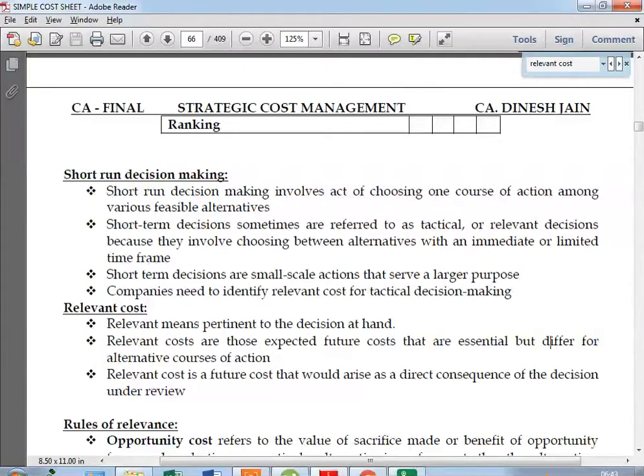The logic behind this is, if I'm not using it, I'll scrap it off. Clear? Any doubts on this?